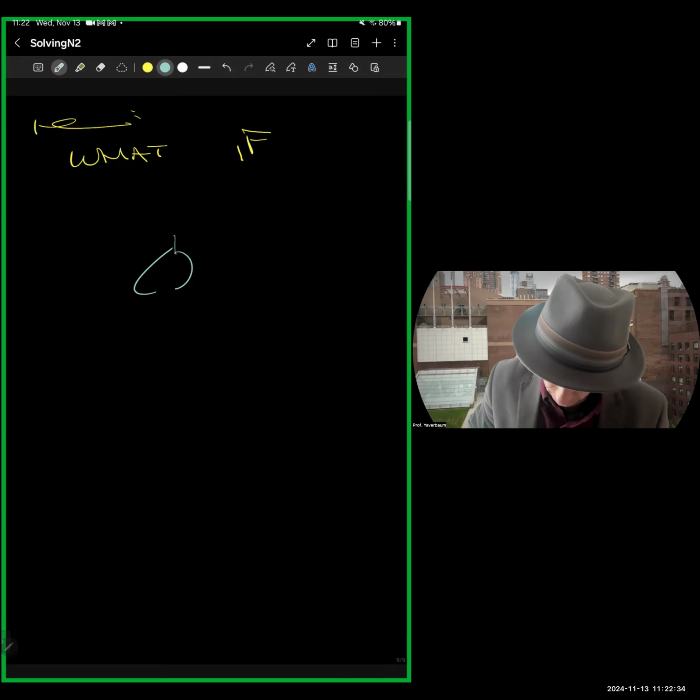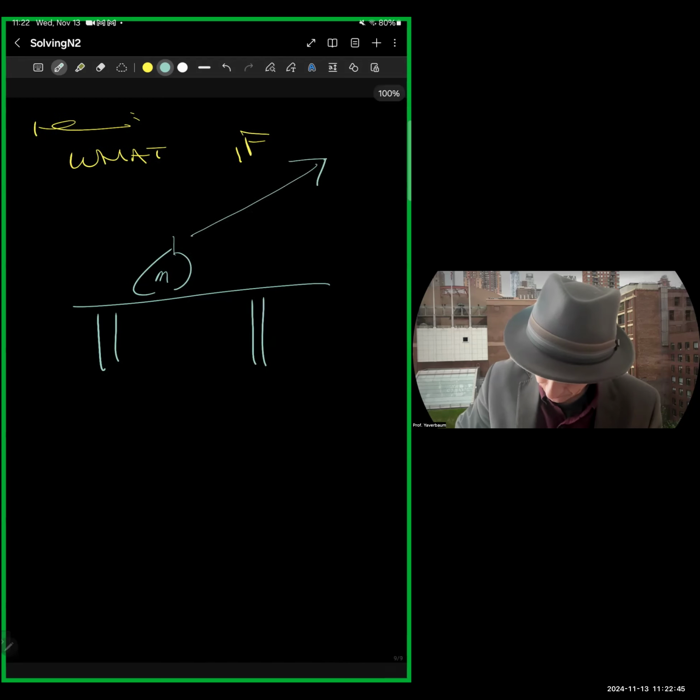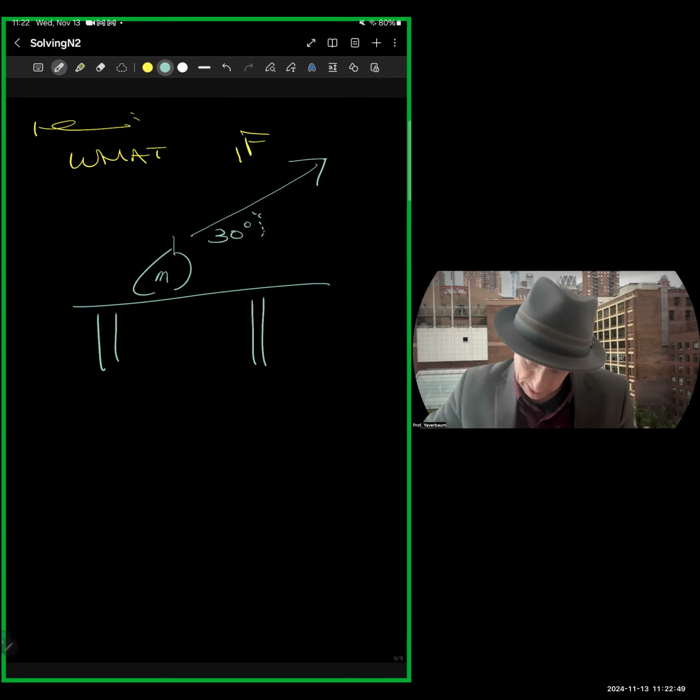So here's the apple, and here's the table, and someone with a string is pulling like this.